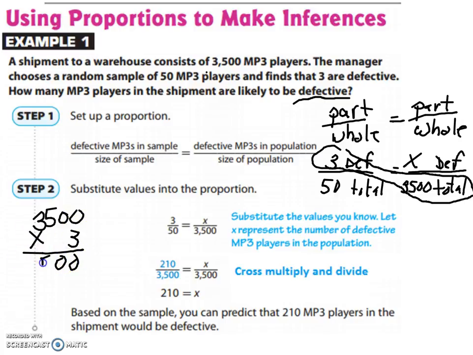0, 0. 3 times 5 is 15. 3 times 3 is 9, plus 1 is 10. So we have 10,500 divided by 50. Okay, we're going to divide both sides by 50. That's going to cancel out.